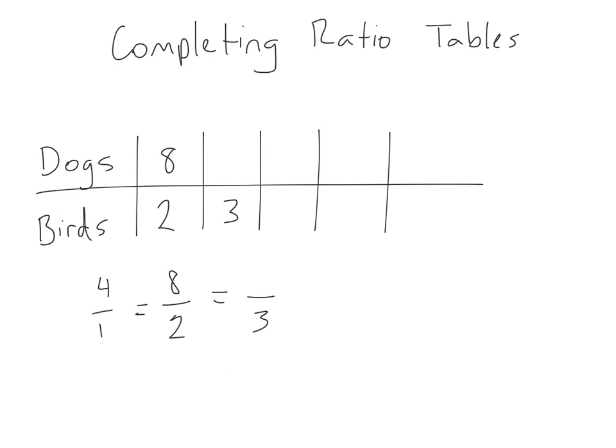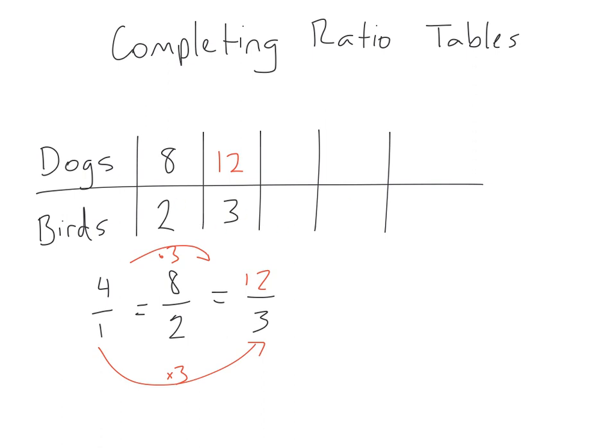So what do I do to a 1 to make it a 3? 1 times 3 is 3, so what's 4 times 3? You could use the dot as well. It's 12. So I would go up here and put a 12. Why? Because the ratio of 8 to 2 is the same as 12 to 3. 8 over 2 simplifies to 4, and 12 over 3 also simplifies to 4 over 1.